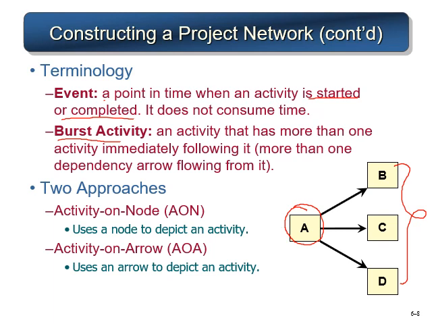Say this is a node, that is another node, and the activity connects the nodes. So we have node 1 and node 2, which are basically events, and we have an activity joining the two nodes. If I draw the diagram in that fashion, it would be called activity on arrow, AOA.